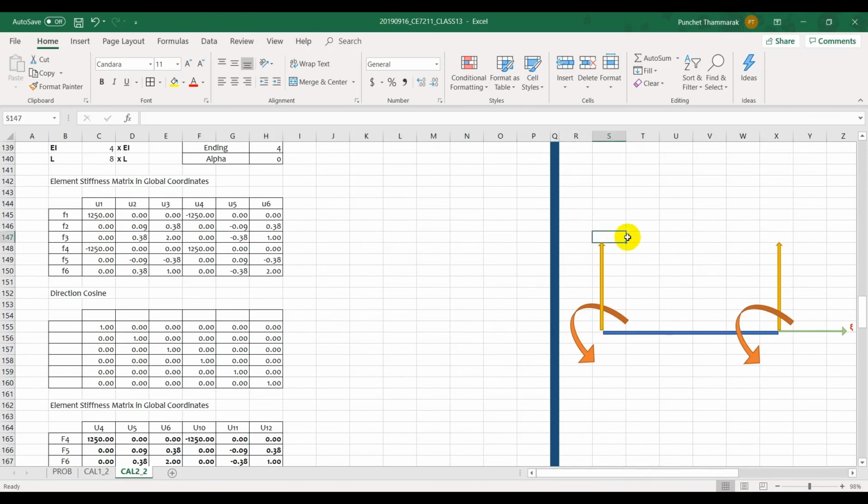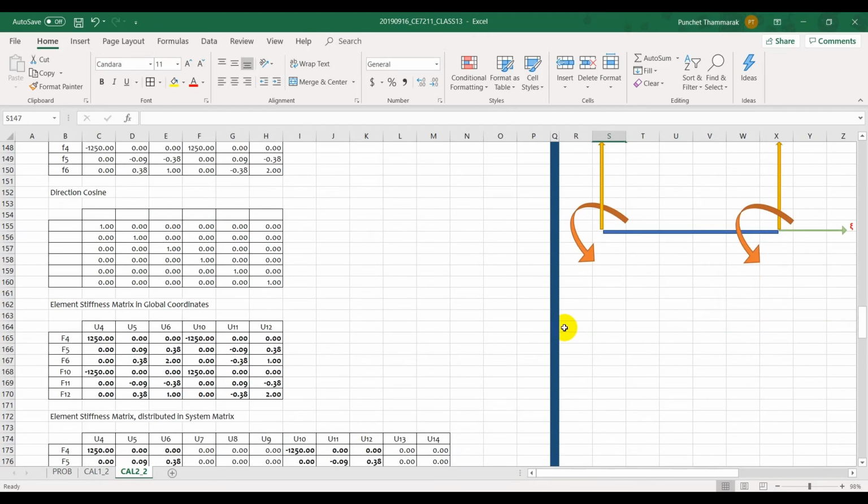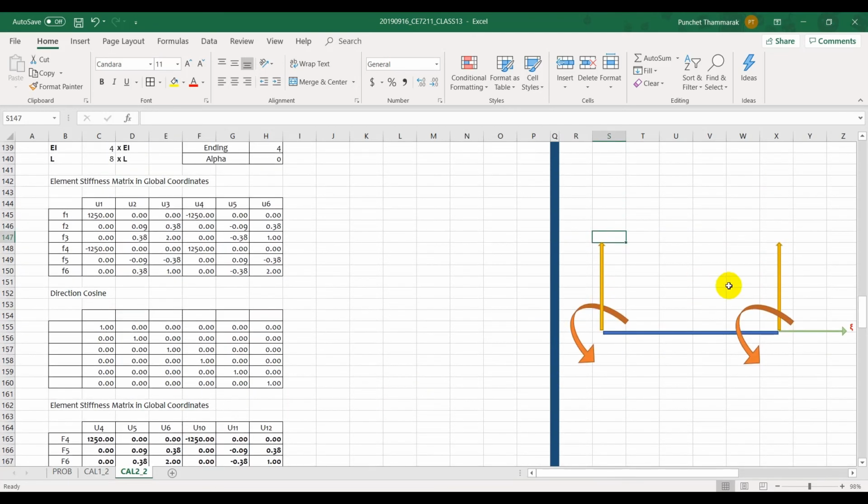But first of all, let me put in the degrees of freedom. So this is U5, right?